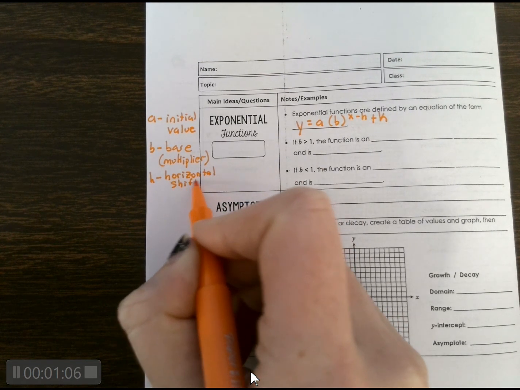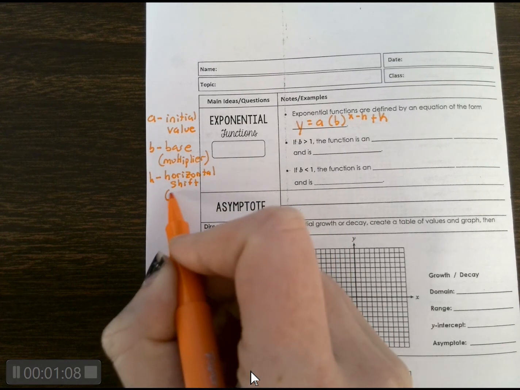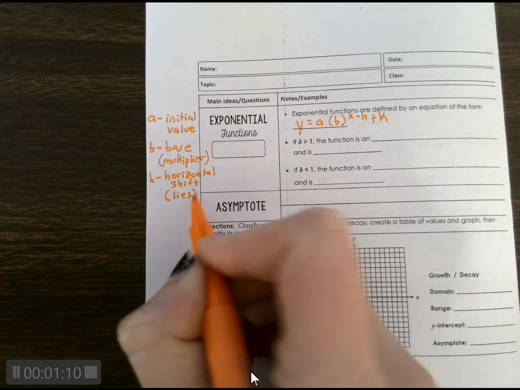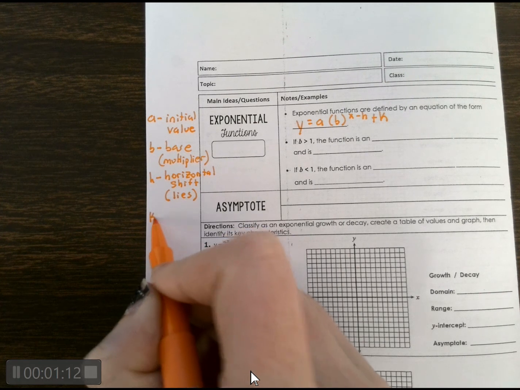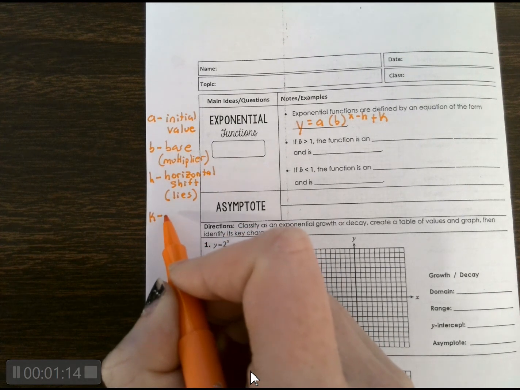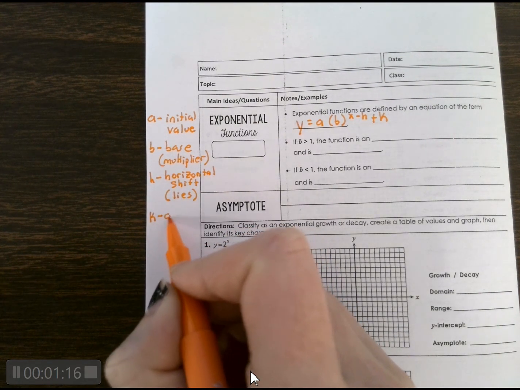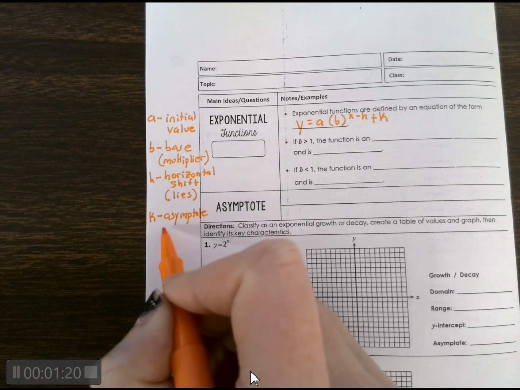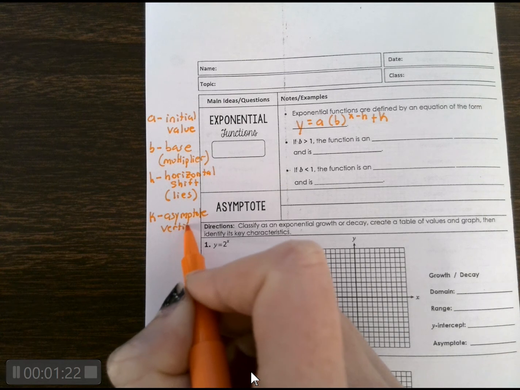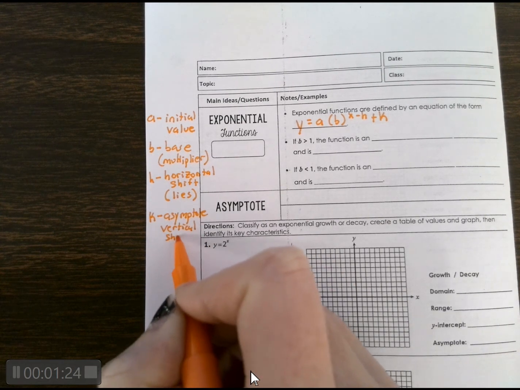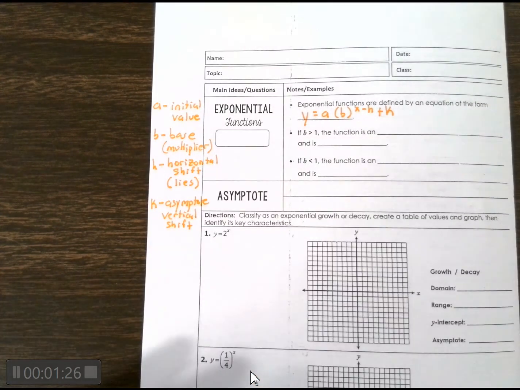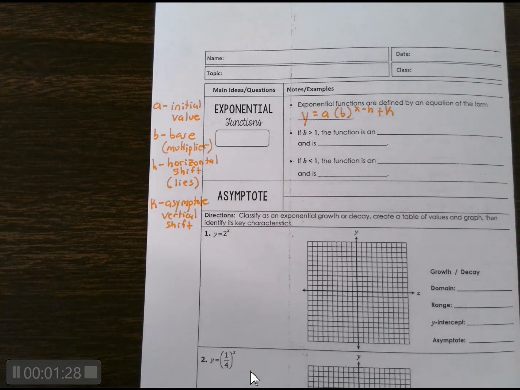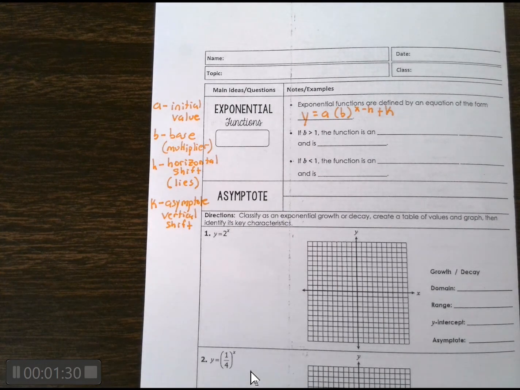And who remembers what's important about this one? It lies. And then k is our asymptote. It is also our vertical shift. Cool. Alrighty. So hopefully that's a good review.